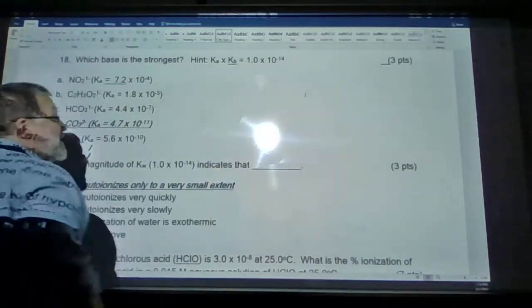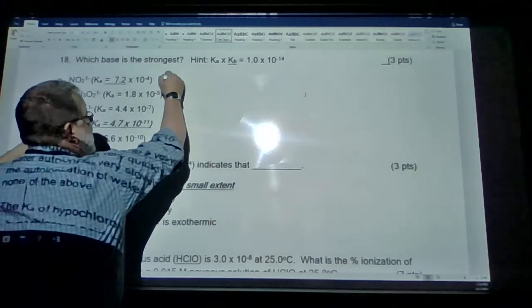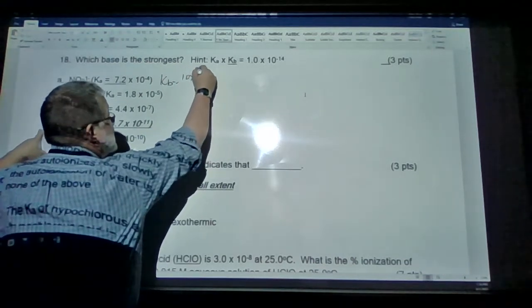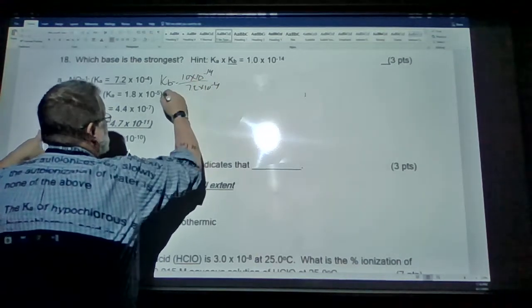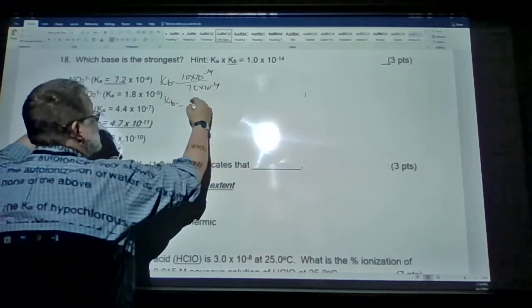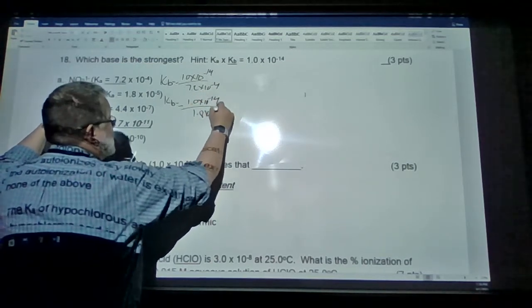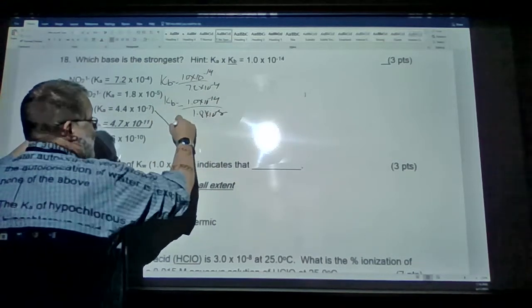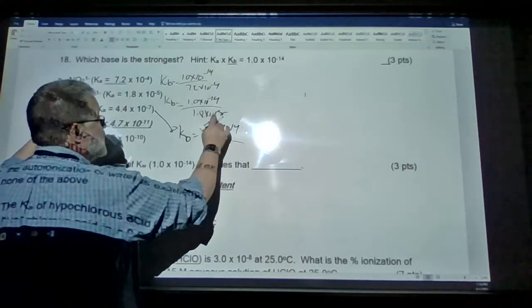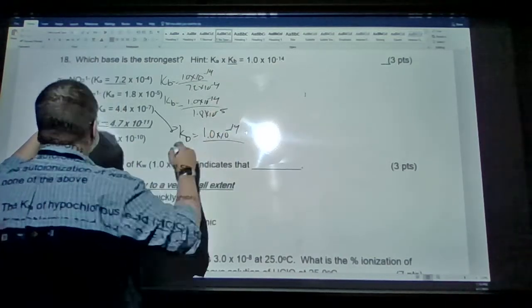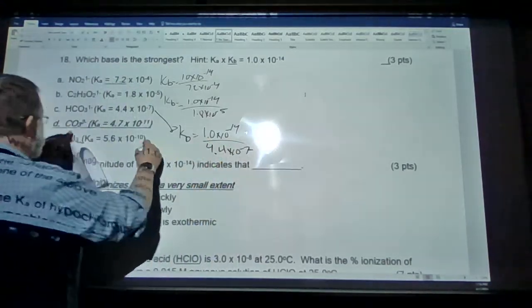Ka times Kb is equal to 1.0 times 10 to the minus 14. So for number A, K sub B is 1.0 times 10 to the minus 14th divided by 7.2 times 10 to the minus 4th. Kb for the second one is 1.0 times 10 to the minus 14th divided by 1.8 times 10 to the minus 5. Kb for this third one, 1.0 times 10 to the minus 14th divided by 4.4 times 10 to the minus 7th.